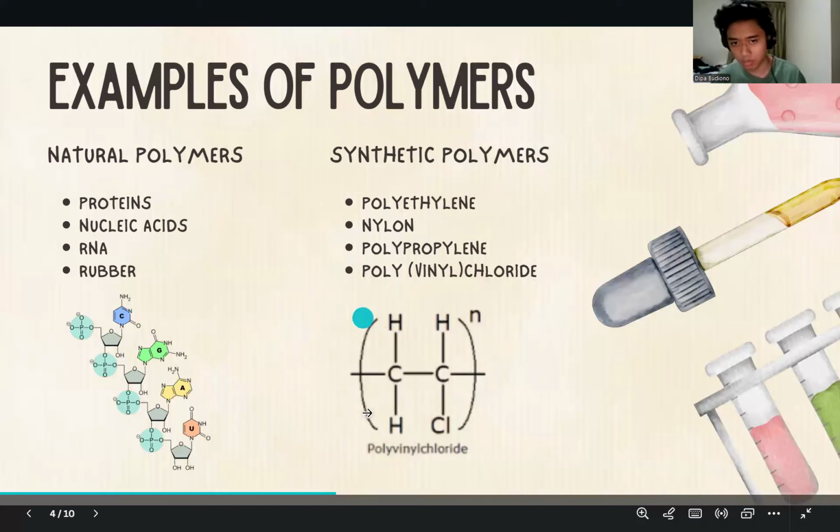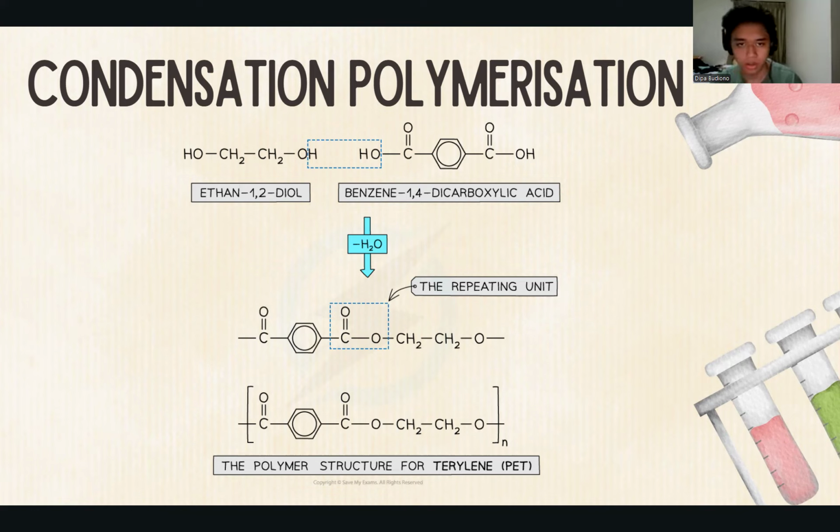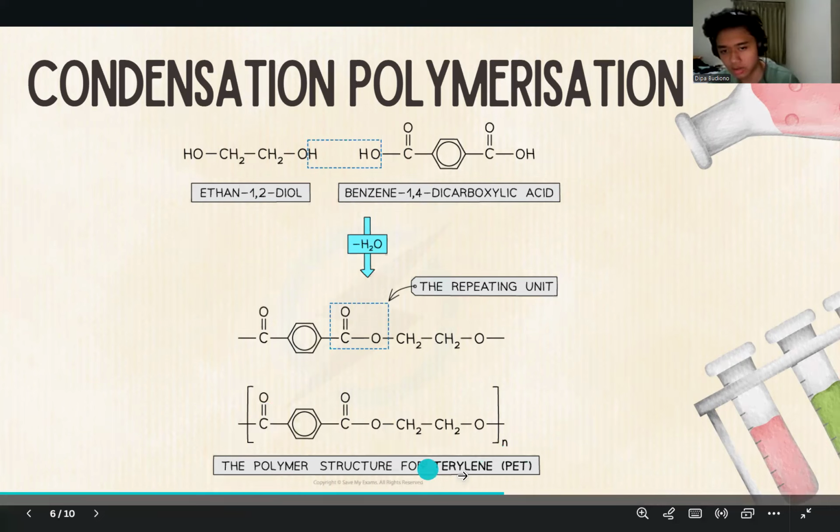Okay, next is condensation polymerization. This happens for monomers which don't have a C=C double bond. Like in the example here, it's the functional groups, which are these bits on the ends, that react with each other so that they can combine. For example, this OH and H from these functional groups make a byproduct of water, but they also make a polymer, which is terylene or PET.